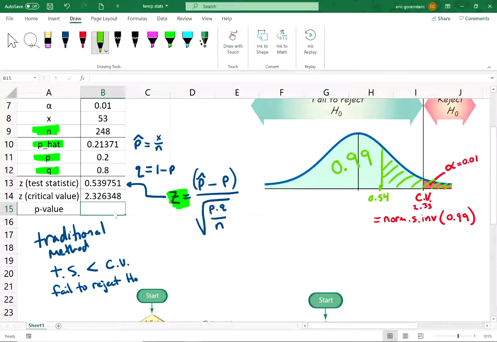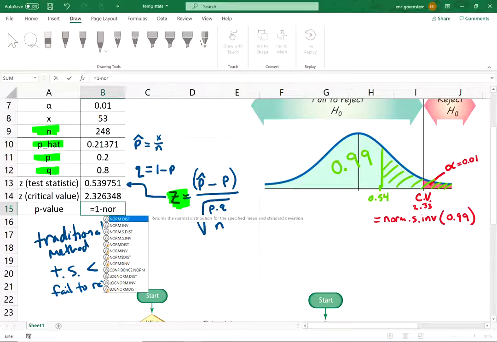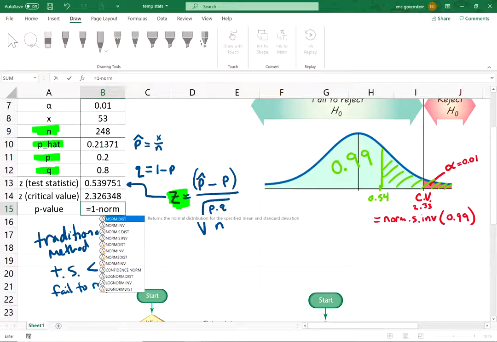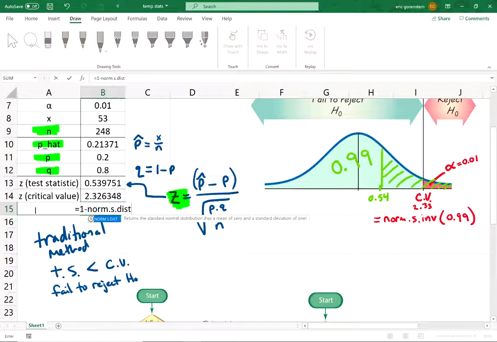So the p-value will be equal to 1 minus the area to the left. And so we're using 1 minus norm.s.dist. The z-score is the test statistic.